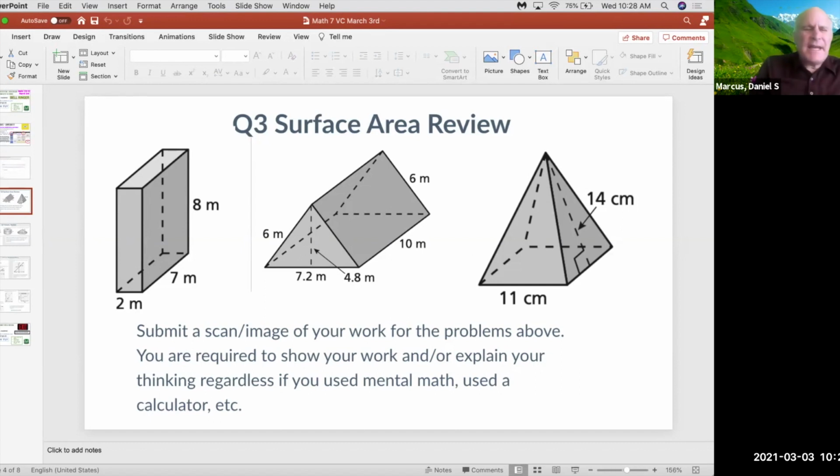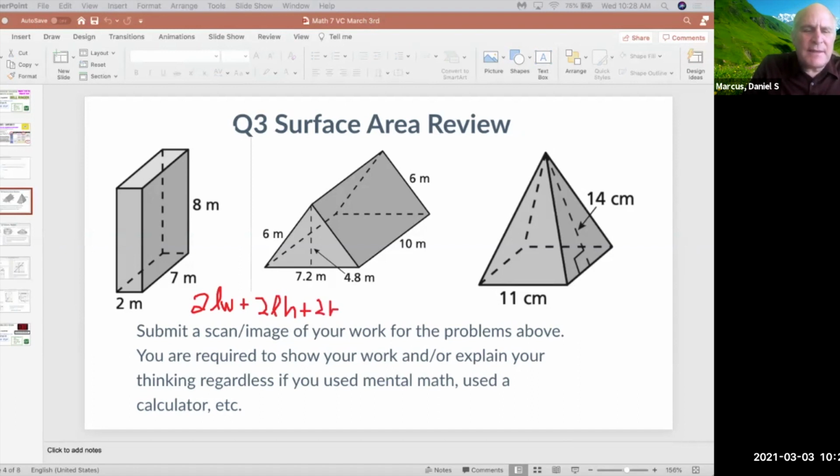Okay, good. Here's what you guys are basically remembering. The key is on surface area, you can't really use a formula. I mean, you can on the first one. You can take 2 times the length times the width plus 2 times the length times the height plus 2 times the height times the width.